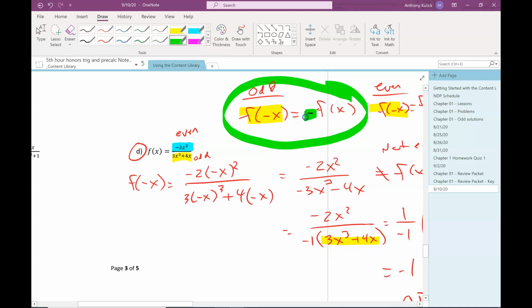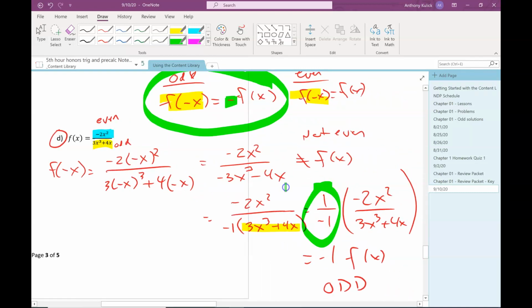To be odd, I need to get a -1 in front of f of x. And that's what I accomplished when I factored the -1 out from the denominator. It means now I have a -1 in front of my f of x. So that's what I'm checking for there. Does that make more sense?